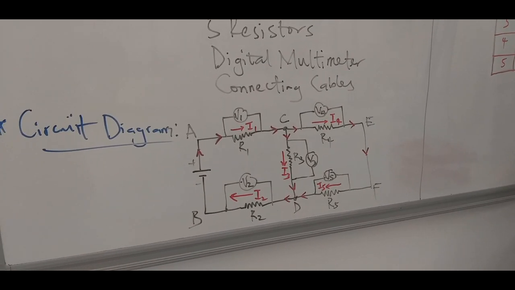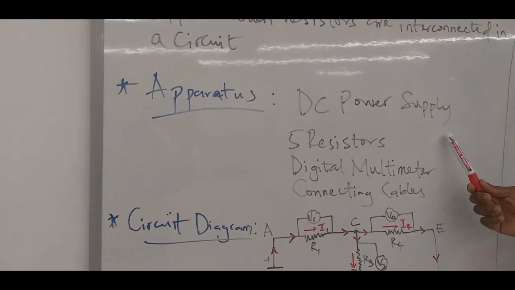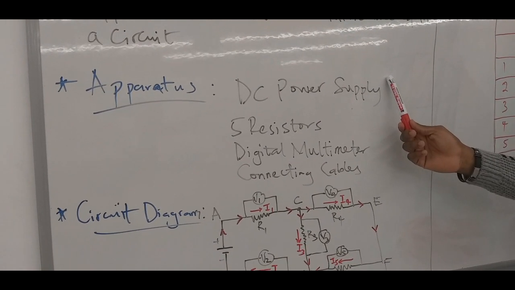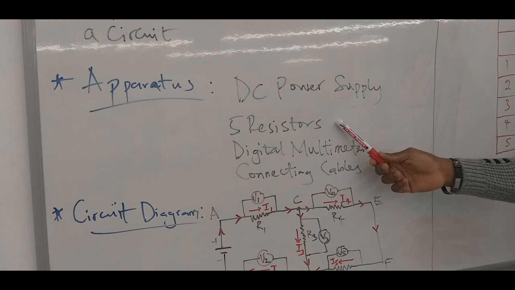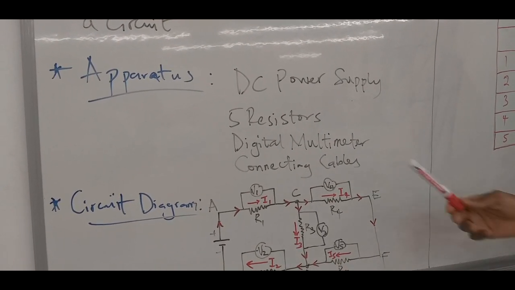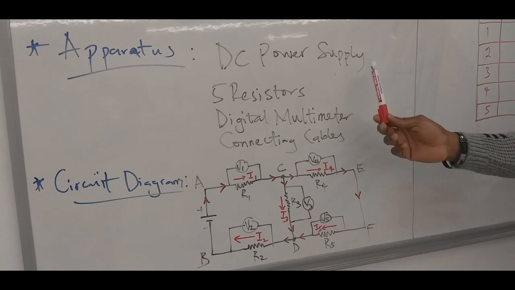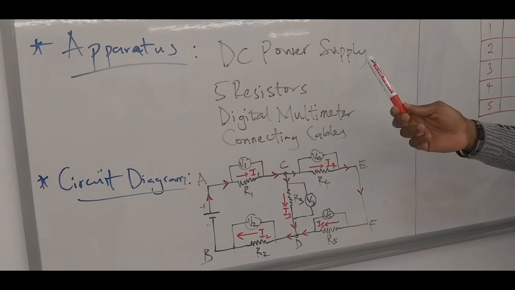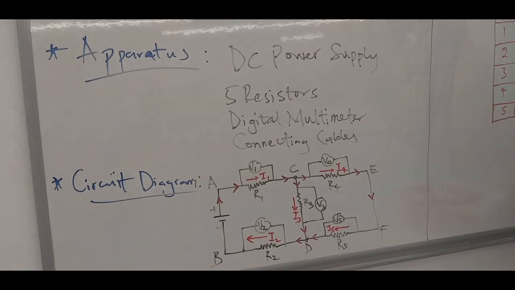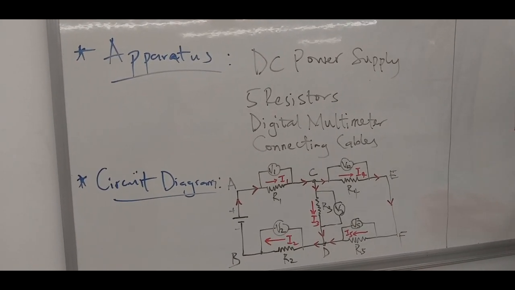We have the resistors and our connecting cables: the apparatus given to you in the lab are your DC power supply, the 5 resistors, your digital multimeter, which you obviously know, and your connecting cables. So please give us in your report what was given to you. What we give you here in the lab, give it to us in your report. Don't do otherwise. Are you guys here?